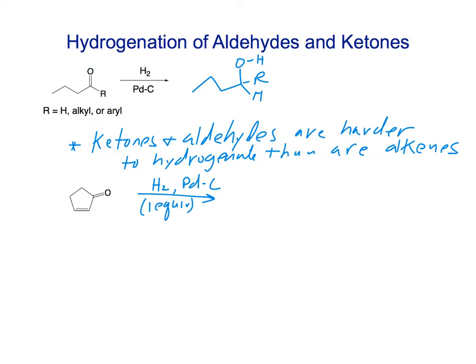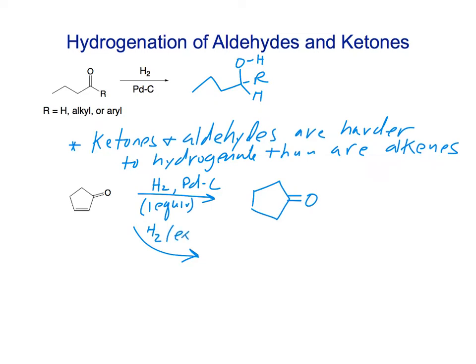So this would give us the ketone like this. If we put in an excess of hydrogen and we wait long enough, I guess, for the reaction, we can hydrogenate both of those pi bonds.